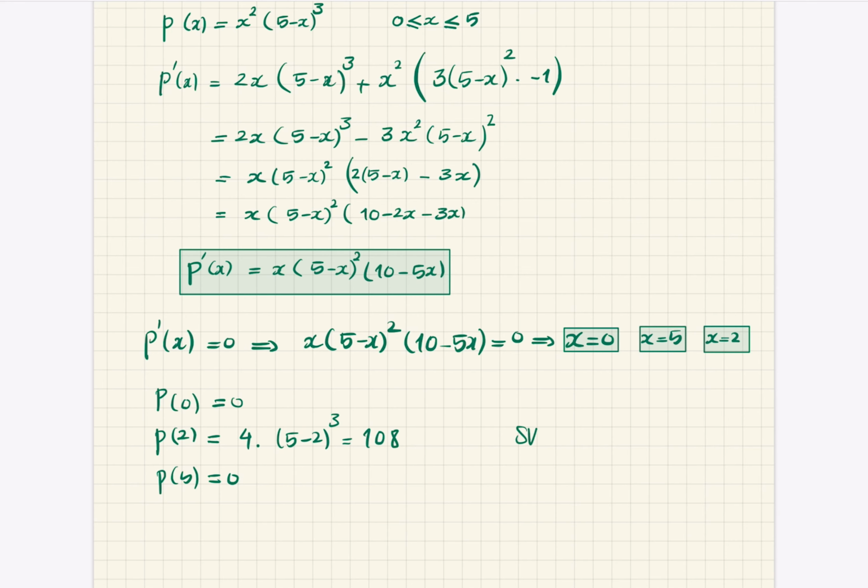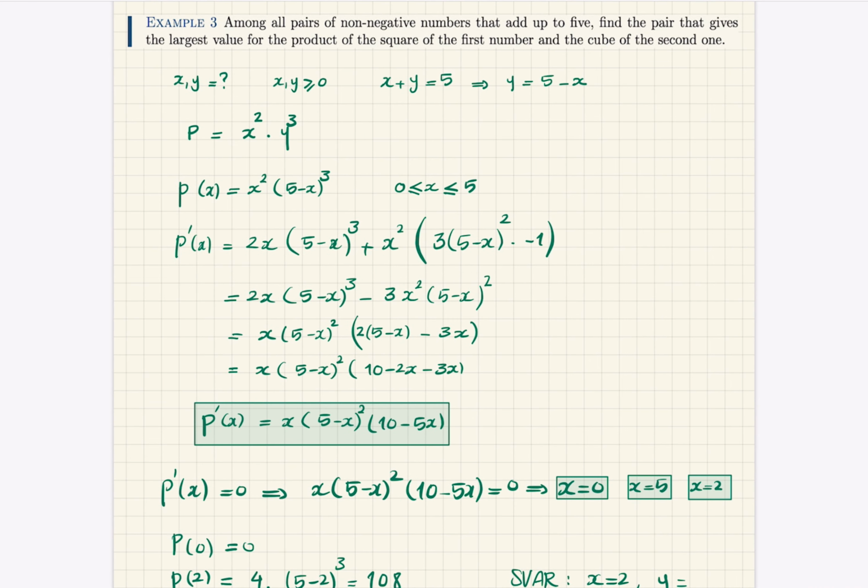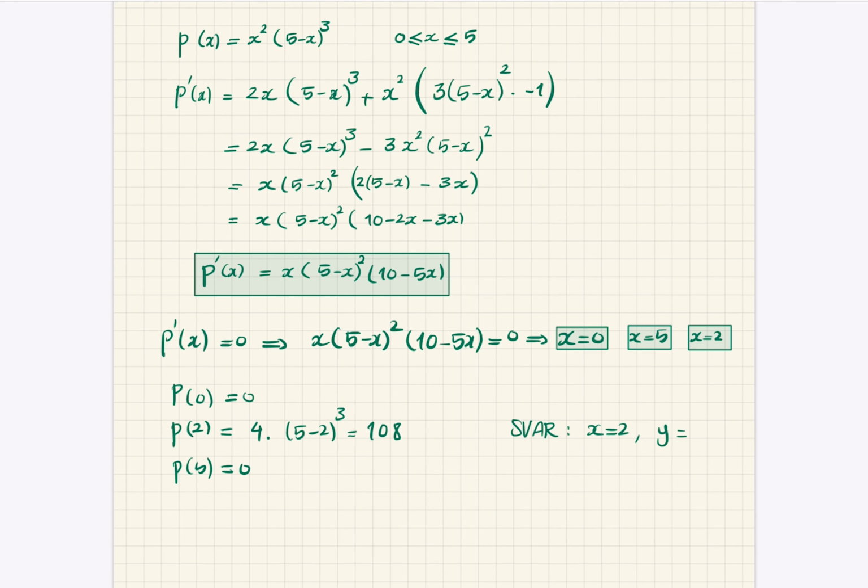So the answer would be x equals 2 and y equals, because we also have a constraint here, y is 5 minus x, so it becomes 3. So this is the answer that we want.